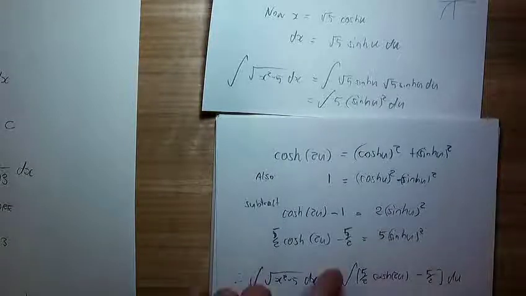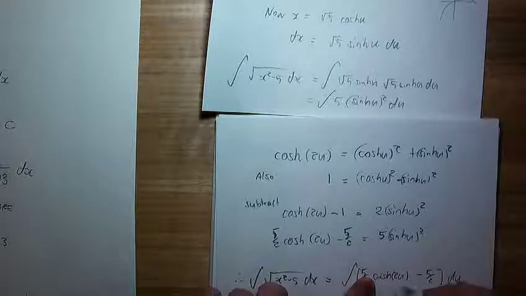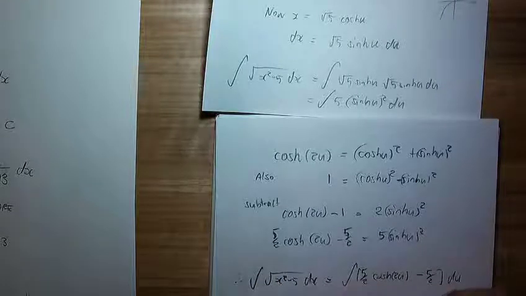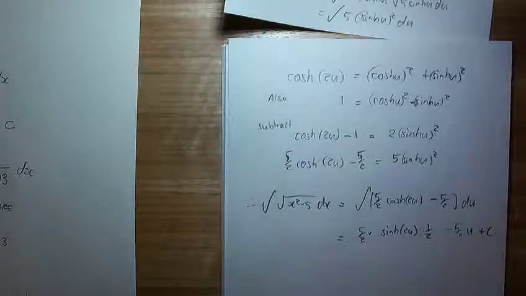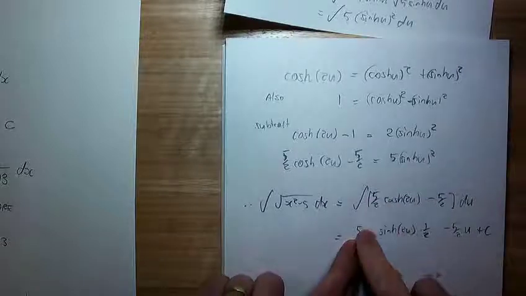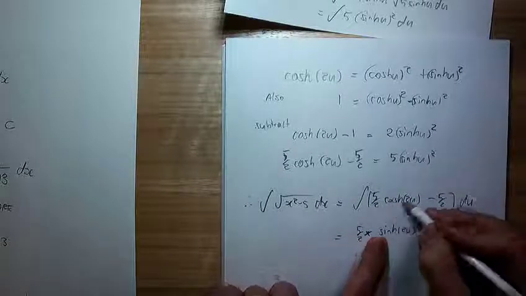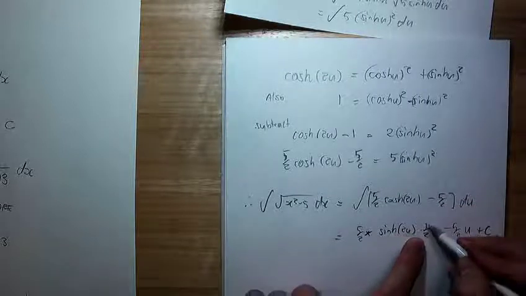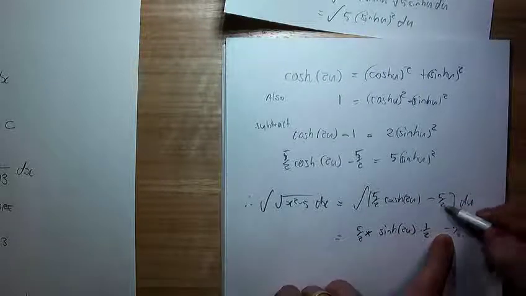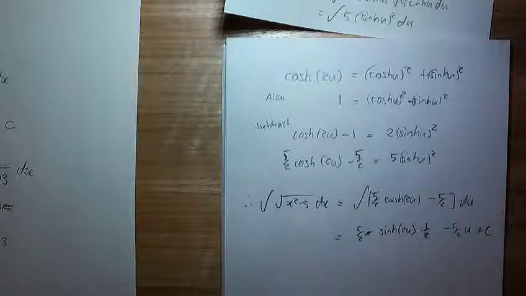So the 5 on 2 will stay there. The integral of cosh is sinh. And I have to divide by the 2. Sorry. 5 on 2 stays there because it's times on. The integral of cosh is sinh. The 2u is still there, but because there's a constant there, I have to divide by it. And the 5 on 2 will go up to 5 on 2u.